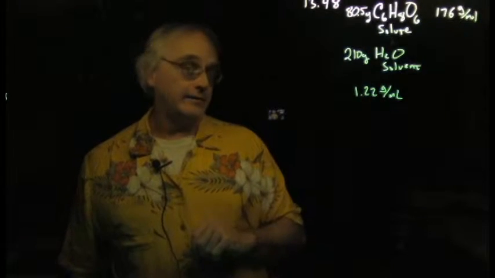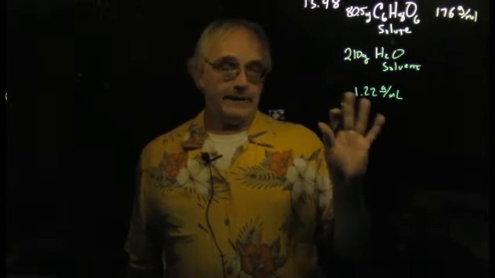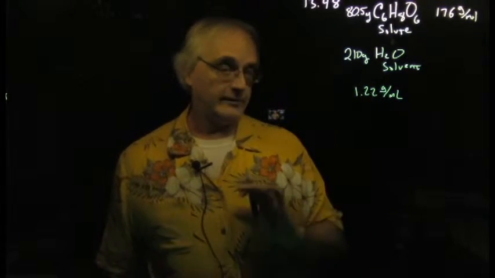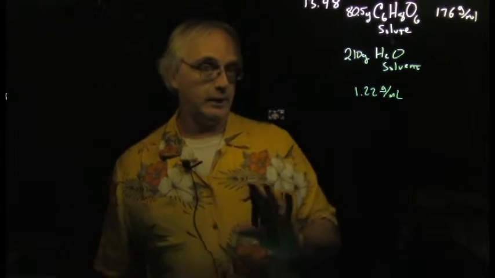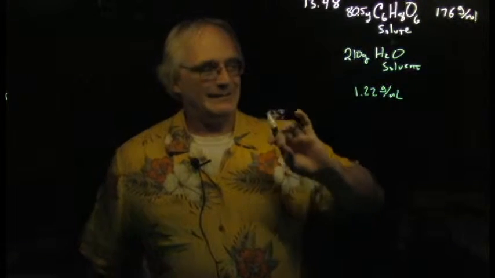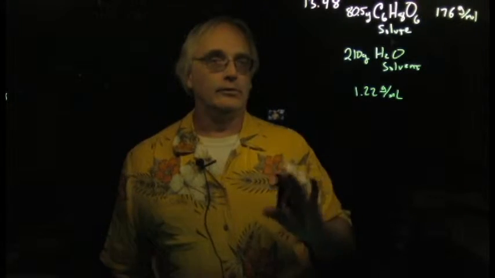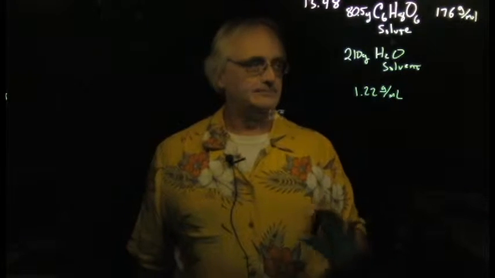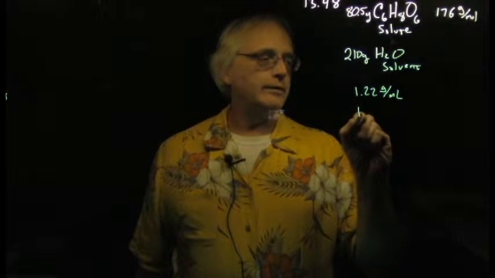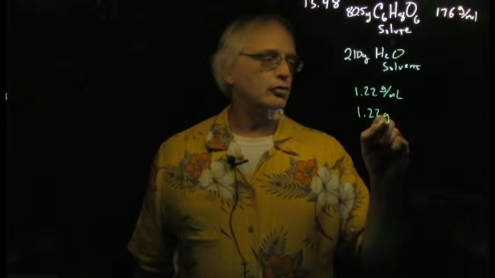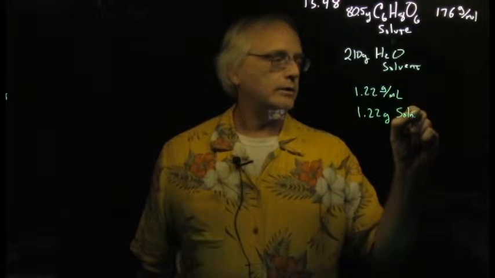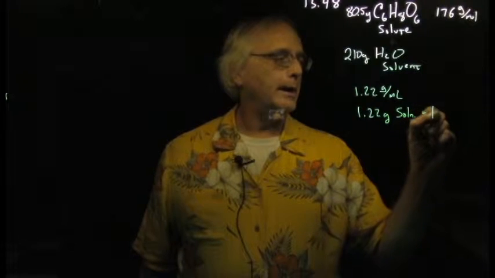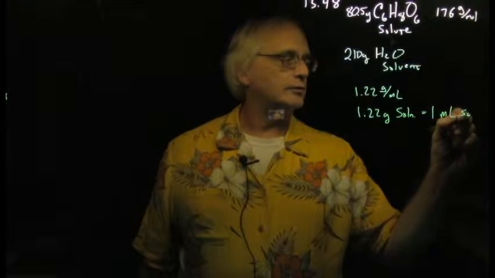For example, the density they've handed us, the 1.22 grams per milliliter. Now, they tell us the density of the solution has this value. I'm going to write it out, and you'll see why as we move along here, because I think this will be very helpful to a lot of students as they tackle this stuff. What this is, is 1.22 grams of solution per 1 milliliter of solution.